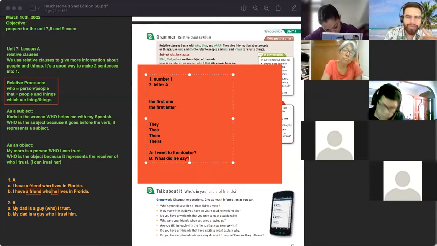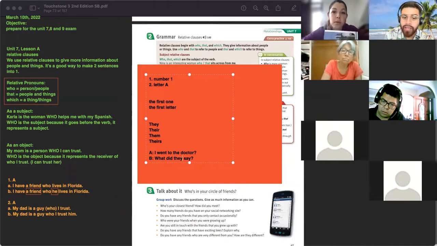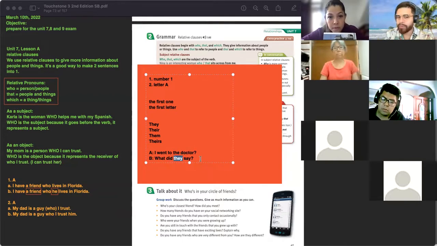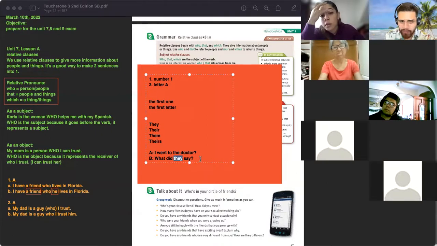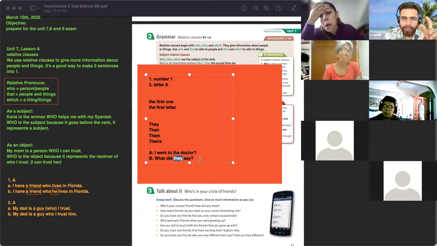It's kind of weird to assume the doctor is a man. So in English, we would say, what did they say? Even though it's one doctor, we can use they. Yes, they is plural, but we use it when the sex of a person is ambiguous. So it's kind of like inclusive language.